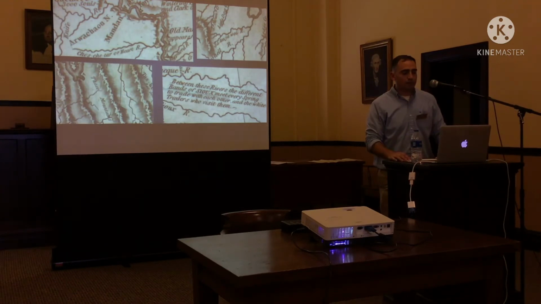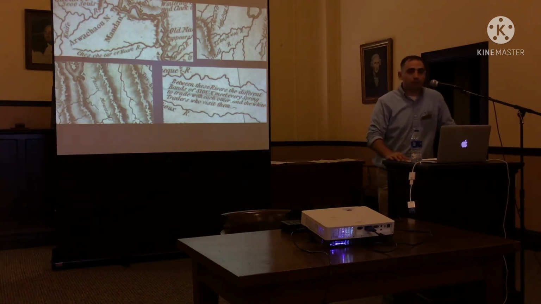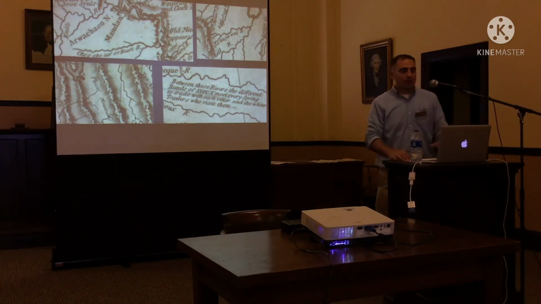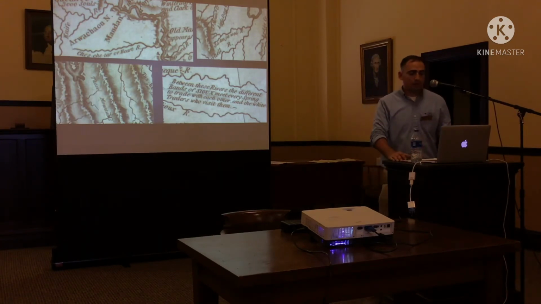Sacagawea saved a bunch of these items. Without her, the expedition would have essentially been pointless because they'd have lost all the documents. There wouldn't be this map. And so they named this river after her because of what she did.